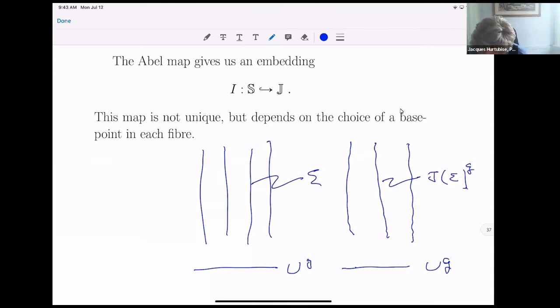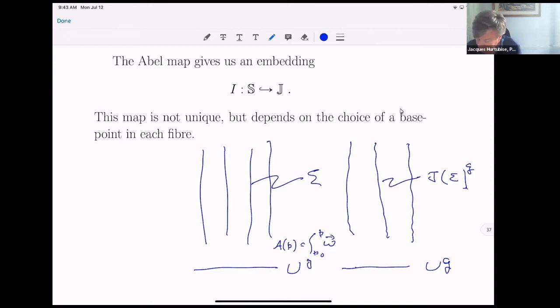And what you have is the Abel map, Abel of P: choose a normalized basis of holomorphic differentials, and you can map the Riemann surface into its Jacobian.